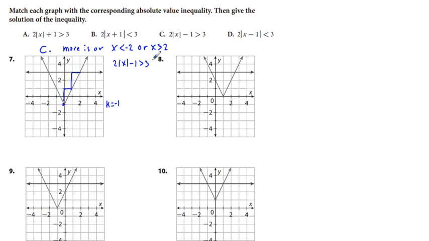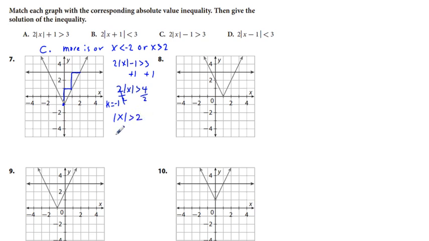And algebraically, if we solve this, add 1, it doesn't say which way to solve, so we get 2 times absolute value of x is greater than 4. And we divide by 2, we get absolute value of x is greater than 2.